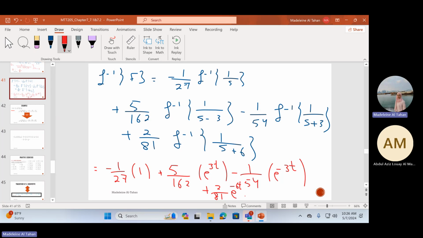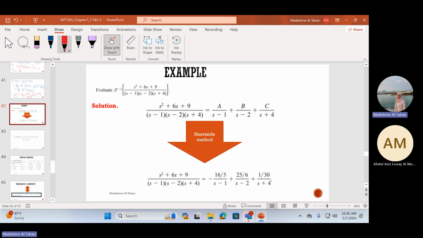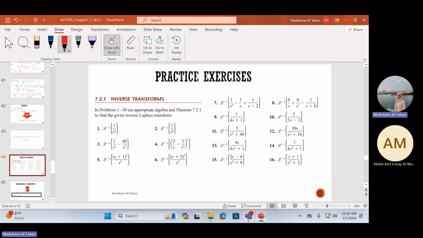Let's go back to the formula. Here we have another example using the inverse Laplace with partial fraction. We can practice on this one.